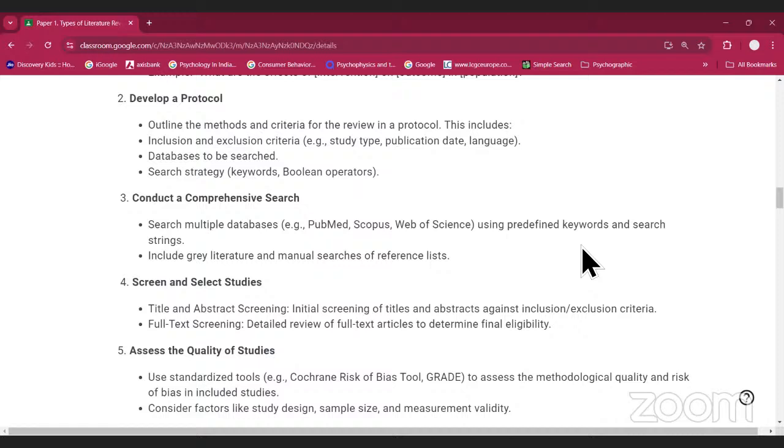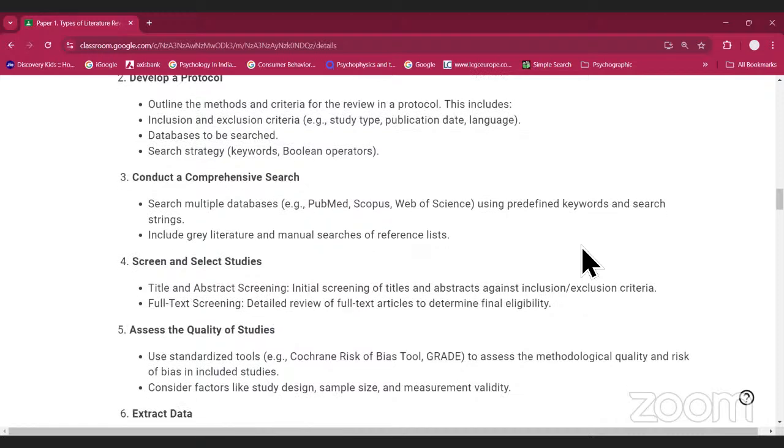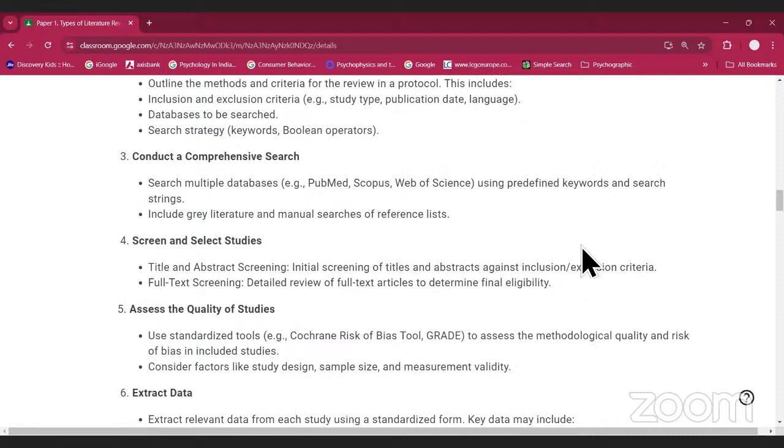Number 5, assess the quality of studies. Use standardized tools such as Cochrane risks of bias tool, GRADE to assess the methodological quality and risks of bias in included studies. Consider factors like study design, sample size, and measurement validity.